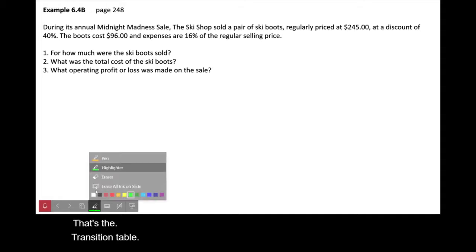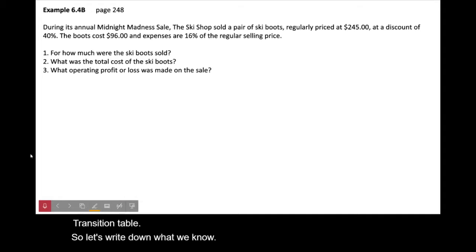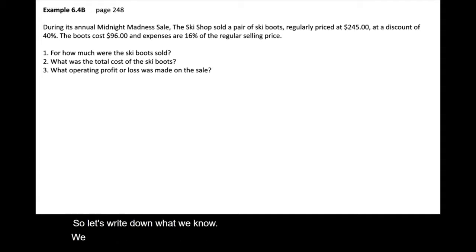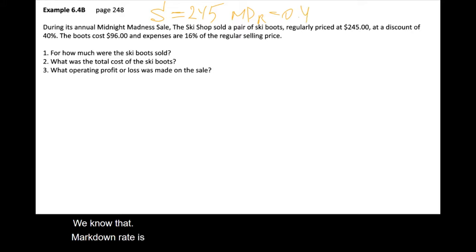Okay, so let's write down what we know. We know that S is 245. We know that markdown rate is 40%. We know that cost is $96.